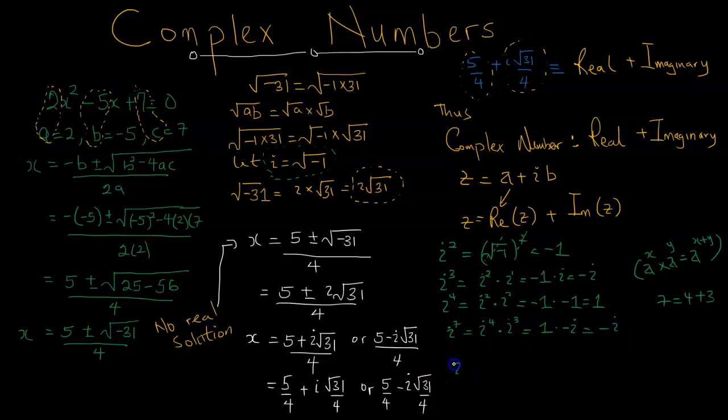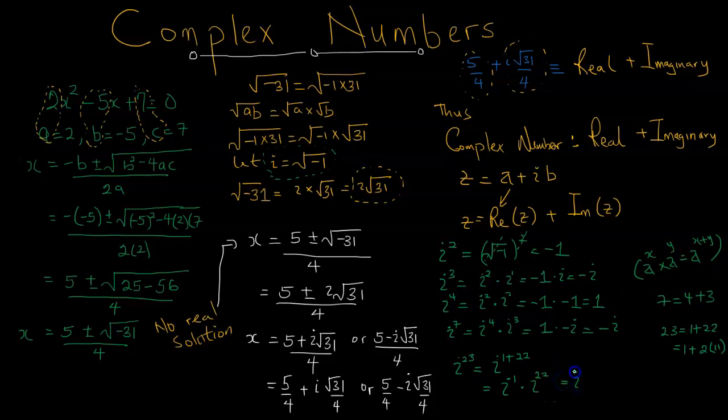One final one, i raised to the power of 23. Okay, so we know that 23 is 1 plus 22. And of course, 22 can be written as 2 times 11. Therefore, i raised to the power of 23 can be written as i raised to the power of 1 plus 22. So this is going to be equal to i raised to the power of 1 times i raised to the power of 22, going by the first law of indices.